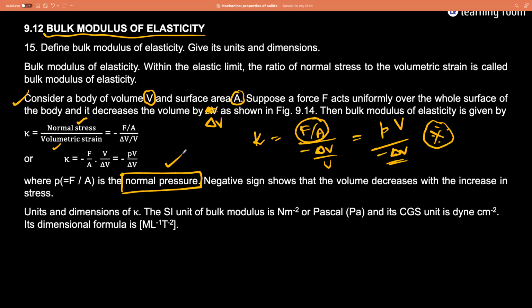And here, when I talk about the pressure, you're trying to talk about only the normal pressure. Clear?